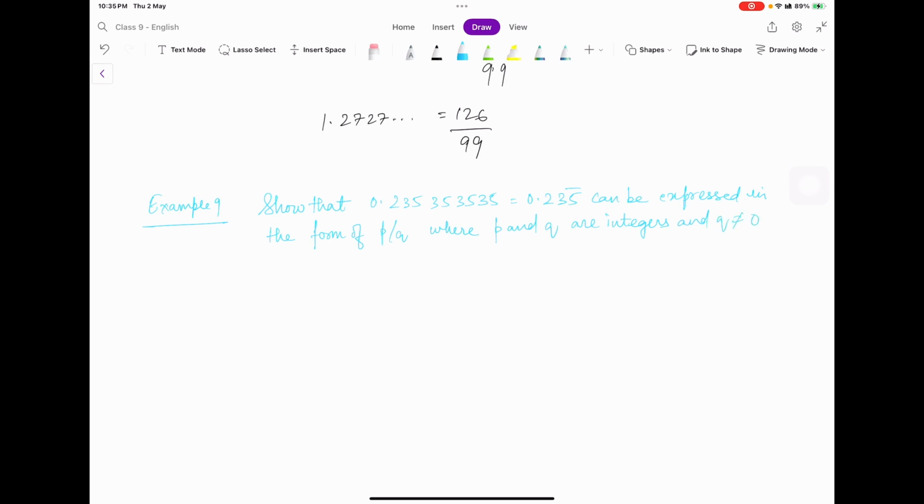Same thing again we have to do. Let us take 0.23535 and so on equals x.